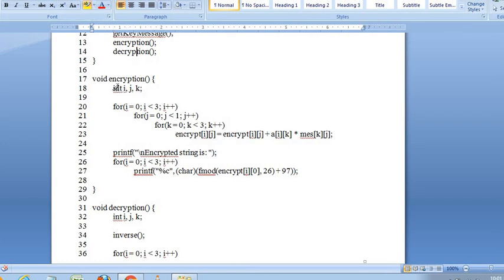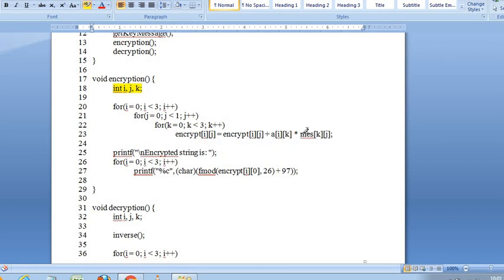The input variables are i and j, and for i equal to 0, i less than 3, i plus plus, the for loop iterates up to 3 iterations for the position. The encryption of i is encryption of i plus a[i][k] into message.